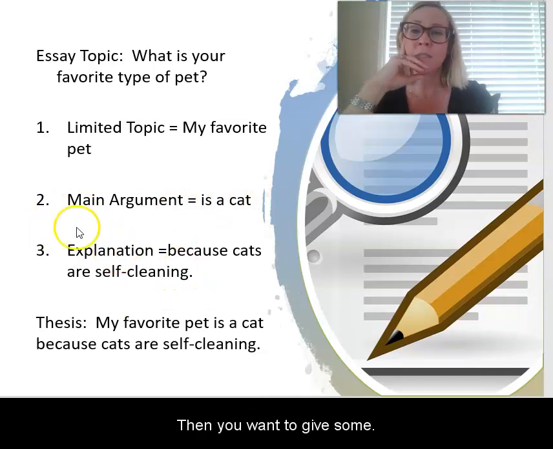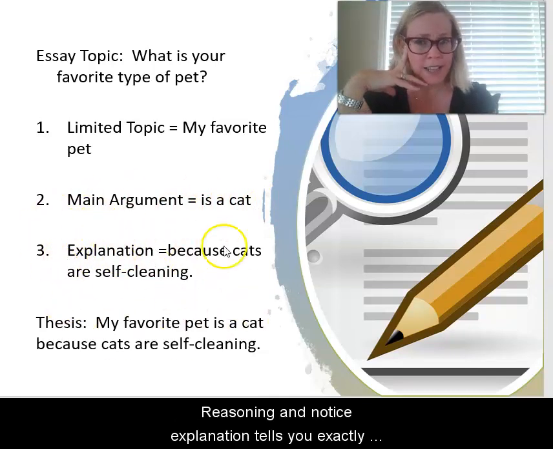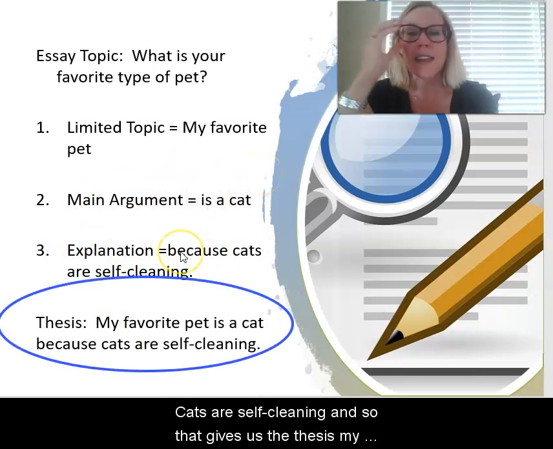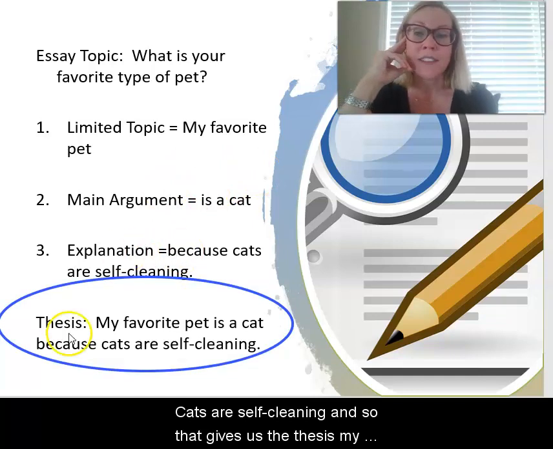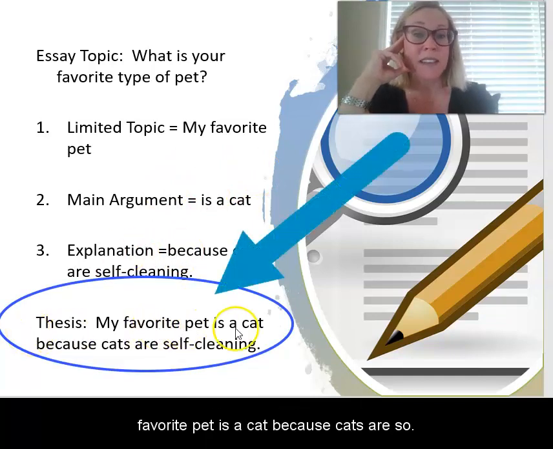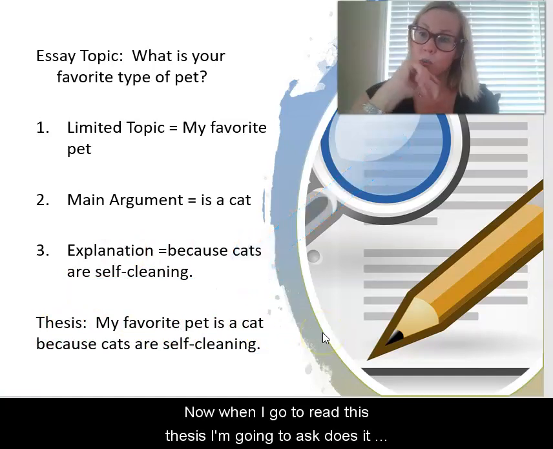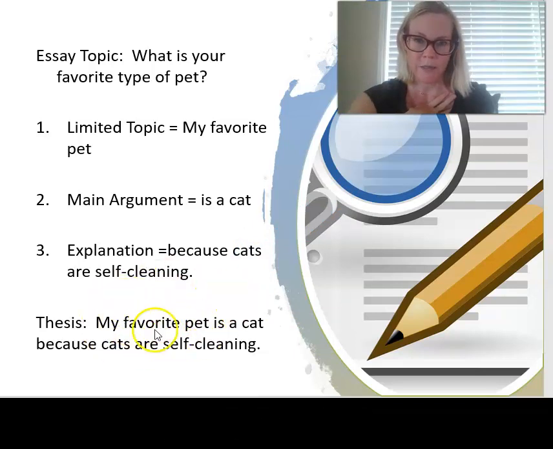And then you want to give some reasoning. And note this explanation tells you exactly why I think the cat is the best pet, right? Because cats are self-cleaning. And so that gives us the thesis, my favorite pet is a cat because cats are self-cleaning. Now, when I go to grade this thesis, I'm going to ask, does it have a limited topic?